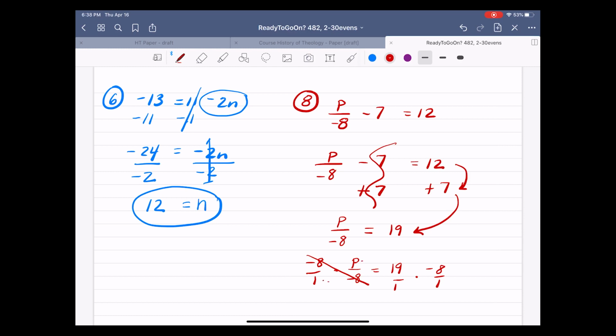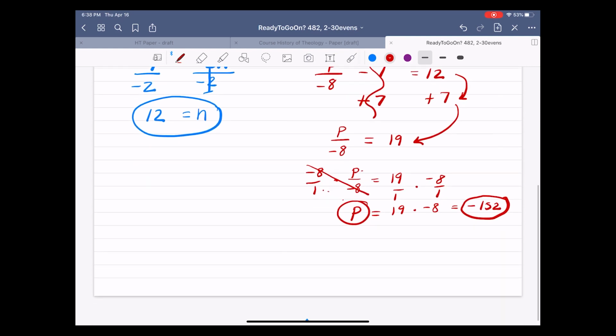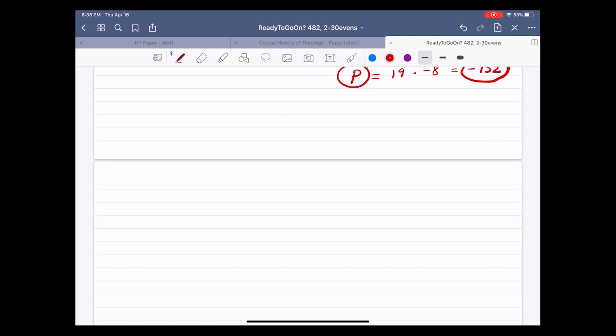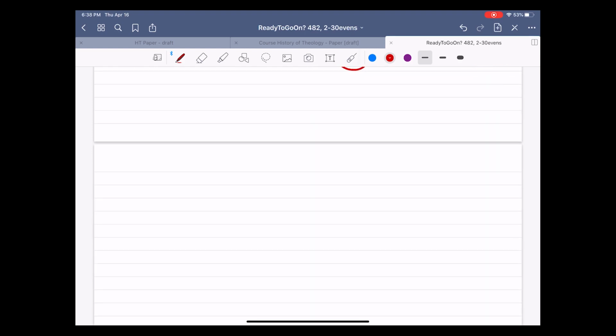P divided by 1 is p equals 19 times a negative 8, which equals negative 152. Negative 152 over 1 is negative 152. So p equals negative 152. Makes sense? Now we're ready for number 10.